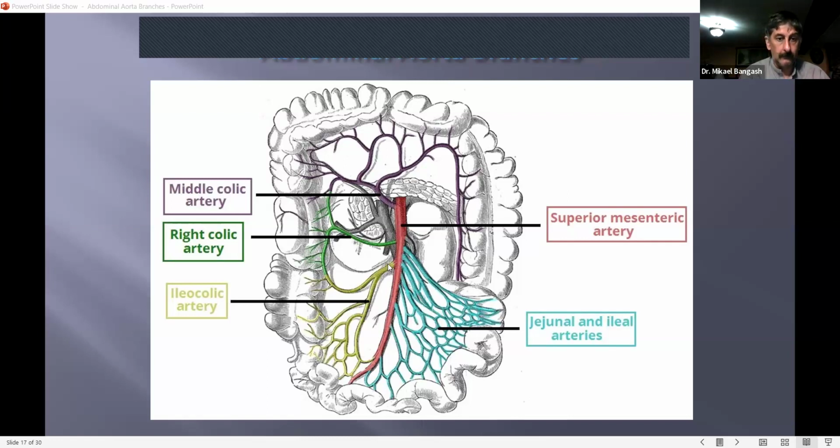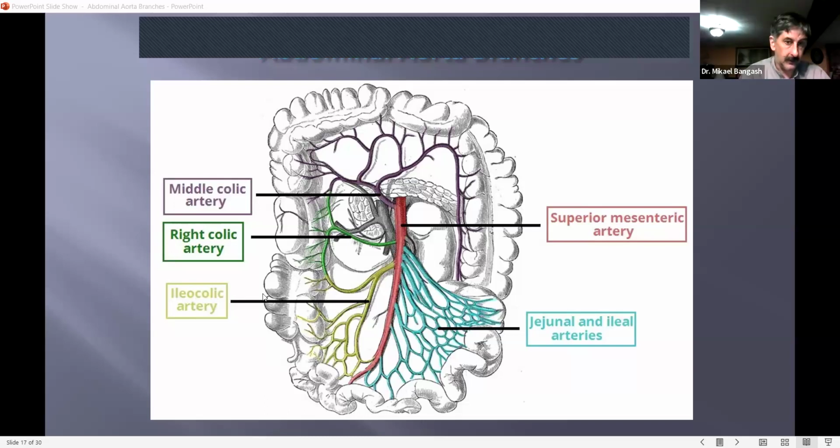Then we had the right colic artery. So this here is your cecum. This little dude here, that's the appendix. The last part of the ileum and the first part of your colon, or ascending colon, is going to be supplied by the ileocolic artery.